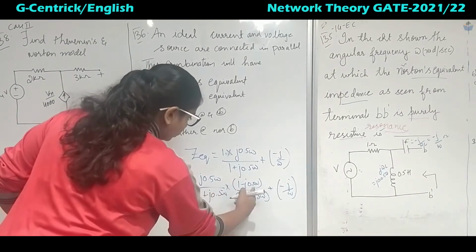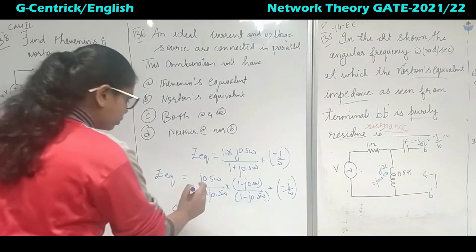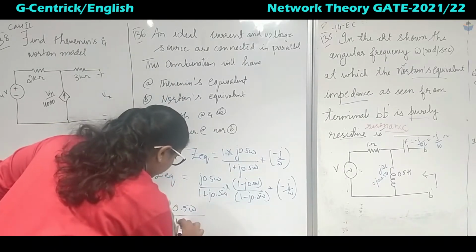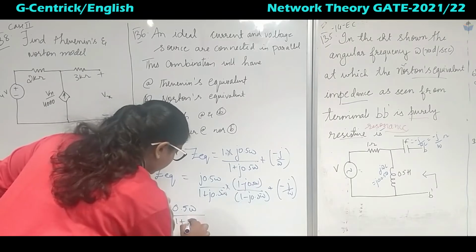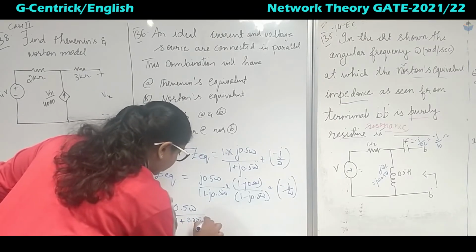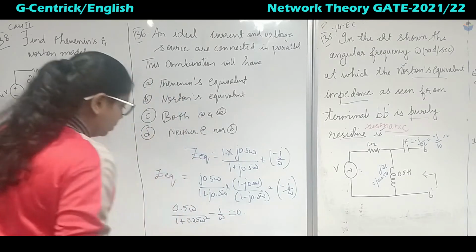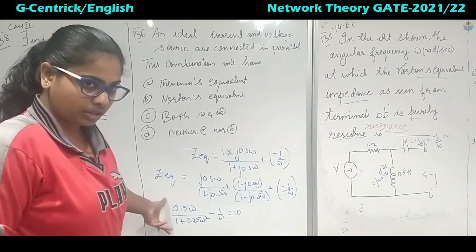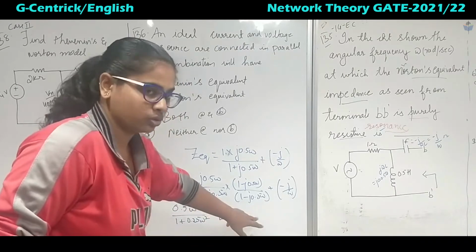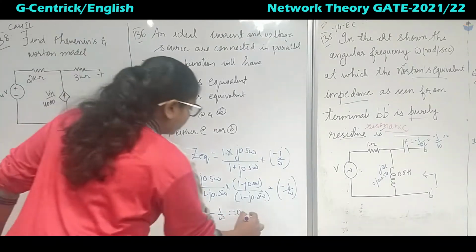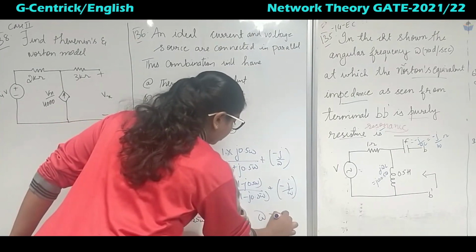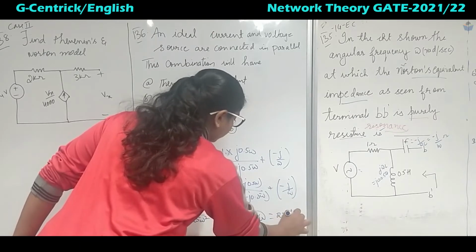This into this will give you a real number, so leave it as it is. So this will be 1 plus 0.25 omega square, and this is minus 1 by omega equal to 0. I have only taken imaginary terms and equated them to 0. When you solve this, you will get omega equal to 2 radian per second.